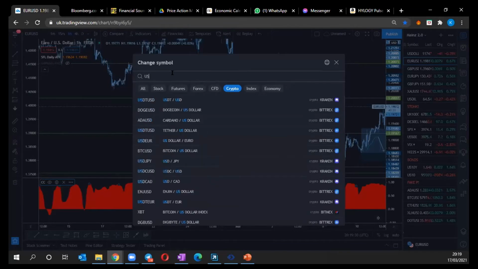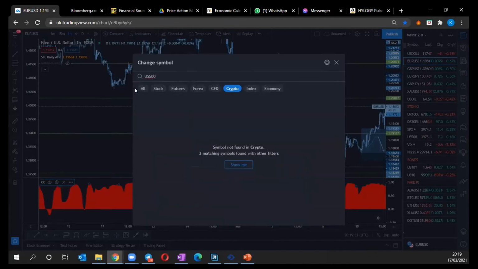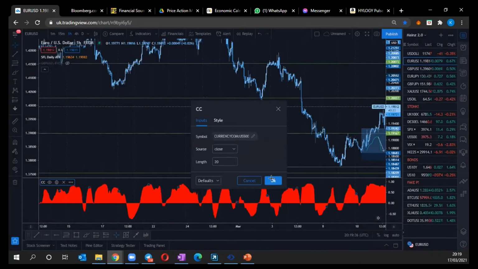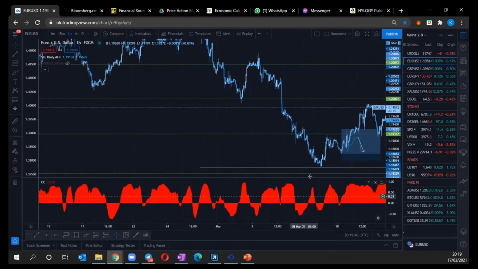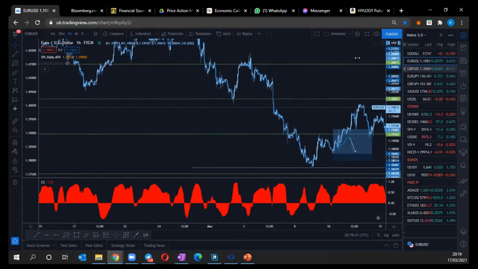So if I go US 500, you can see much bigger movements here, but generally we have a strong positive correlation there as well. Sometimes you do get these dips, and then the market eventually catches up.